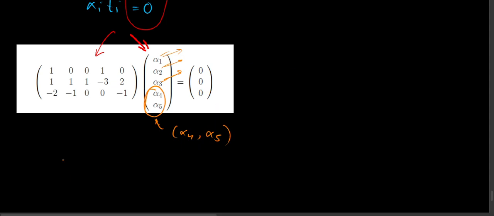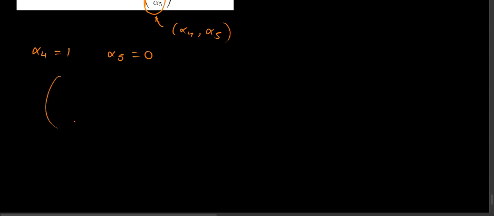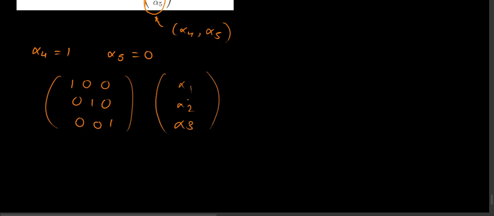Suppose for our first scenario, let's choose alpha 4 equals 1 and alpha 5 equals 0, and we solve this equation. We'll get the identity matrix, 1 0 0, 0 1 0, 0 0 1, times alpha 1, alpha 2, alpha 3. Note that it's not an equation of alpha 4 and alpha 5 because we have fixed them already.